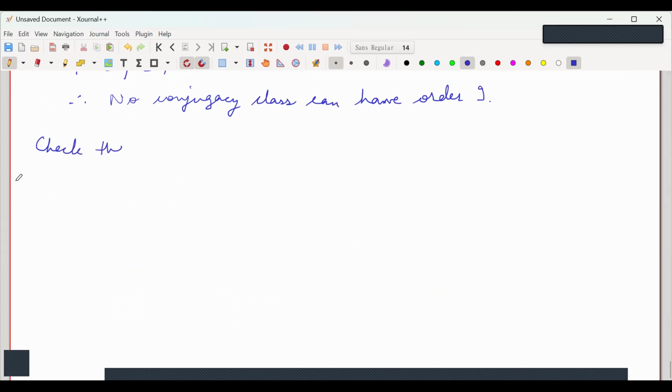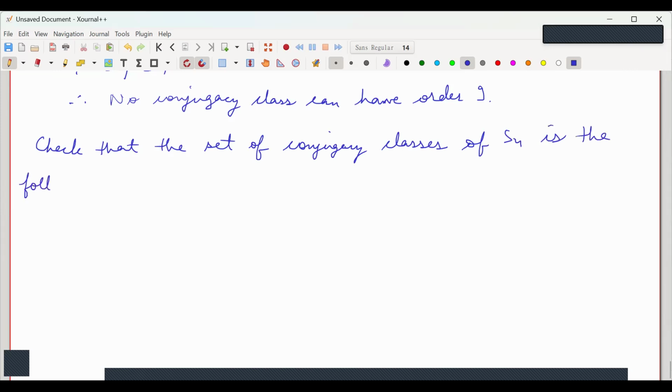Check that the set of conjugacy classes of S4 is the following. So we need to partition 24 elements.